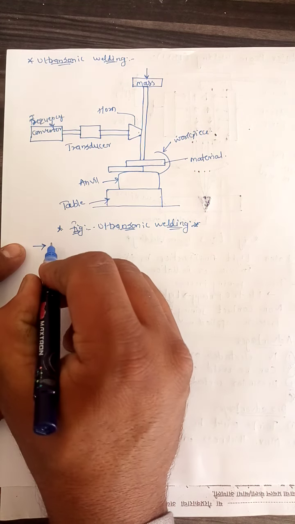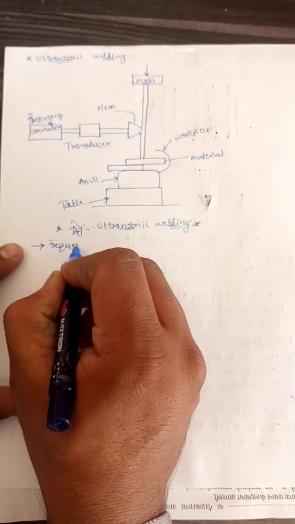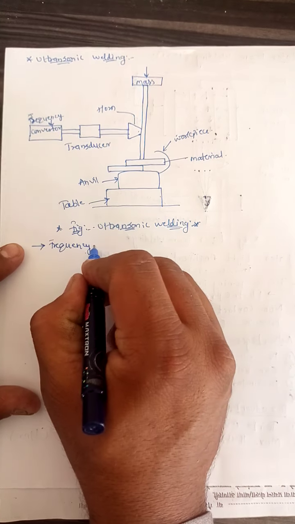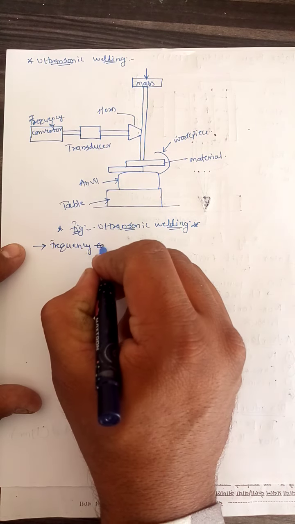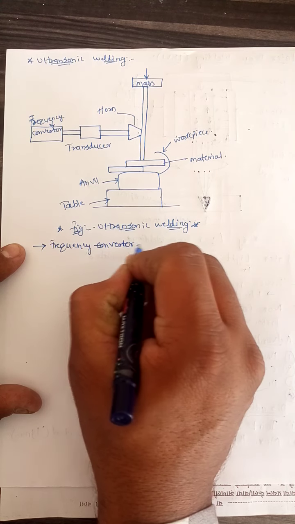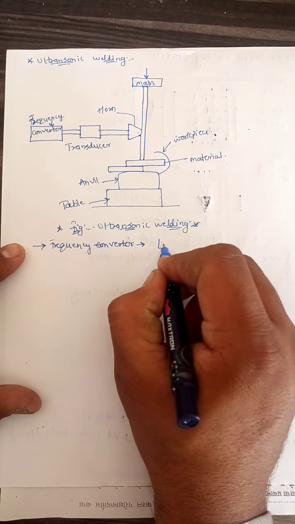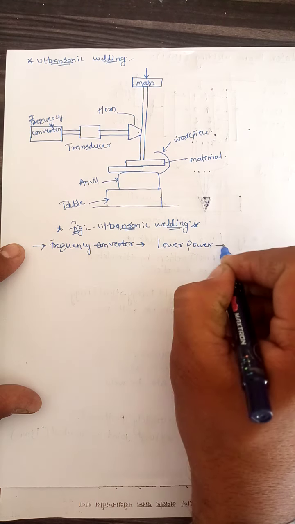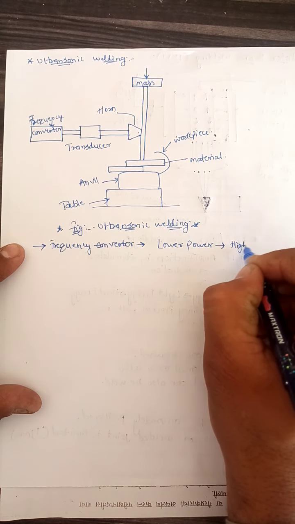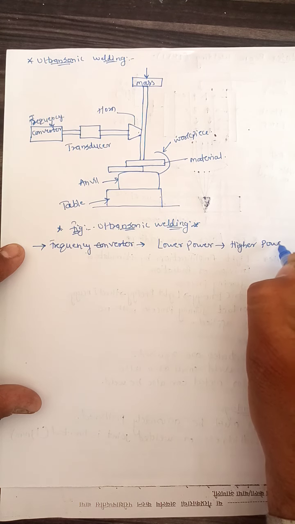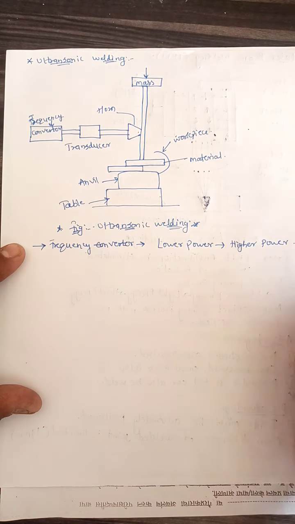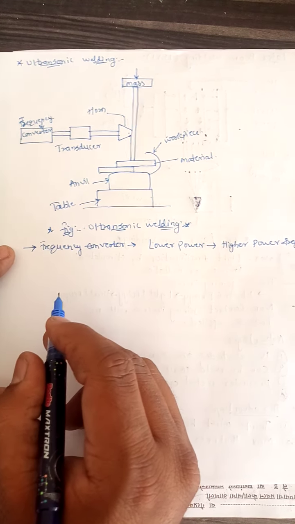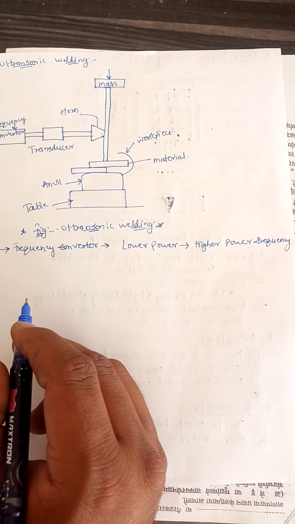Now I will discuss the components one by one. First, there is a frequency converter: low power to higher power, that is frequency.